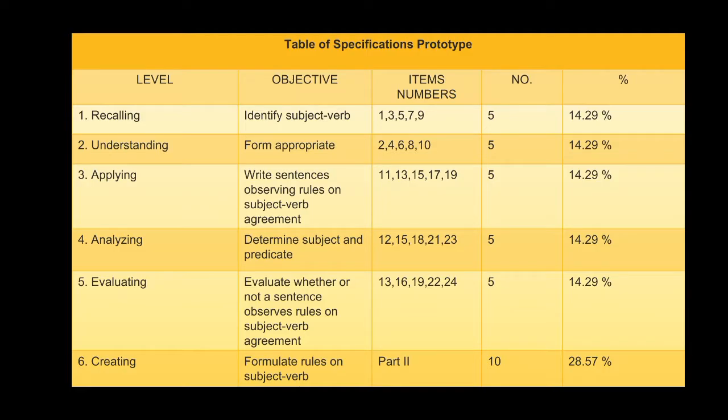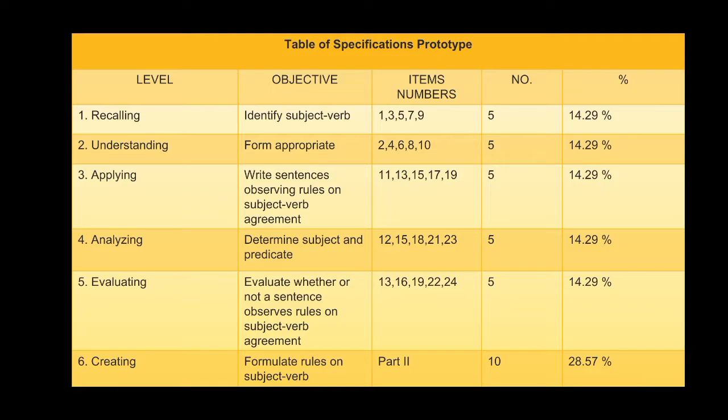The first 5 levels of Bloom's taxonomy are equally represented in the test, while synthesis is weighted equivalent to 10 points or double the weight given to any of the first 4 levels.